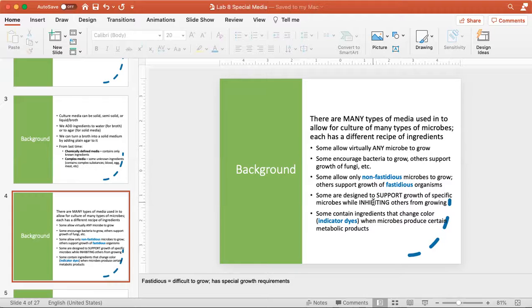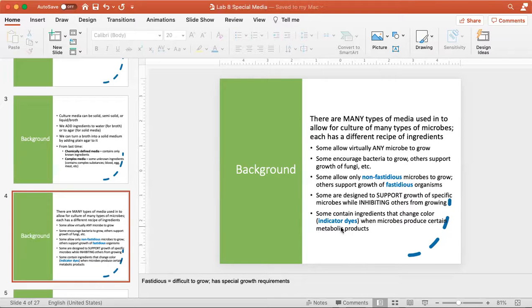Now, the other thing we're going to see when we talk about the special media is this point down at the bottom. The way we use certain special media, the way we know whether or not a particular metabolic process is occurring is by using what are called indicator dyes. We love indicator dyes in microbiology.